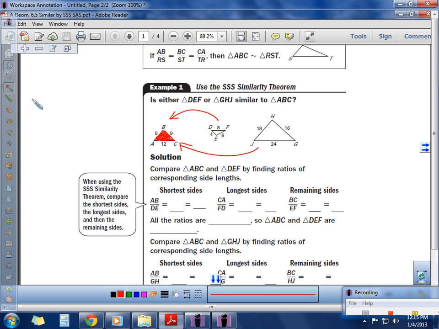And what's the smallest side on that one? 4. I'm going to start there. I'm going to look at the smallest side on DEF and compare it to the smallest side on ABC. 8. What's 4 over 8? 1/2. Next up, I'm going to compare the medium-sized sides. What's medium on DEF? 6. And what's medium on the other? And what's that simplify to? 2/3?